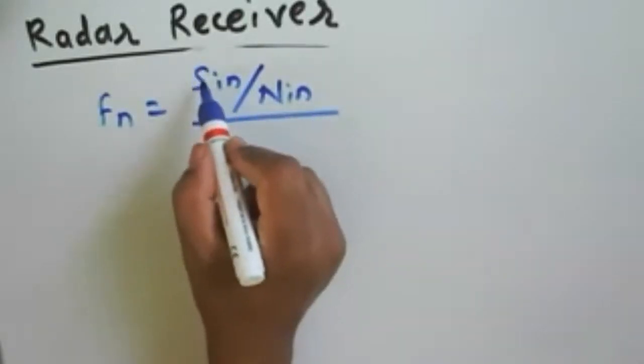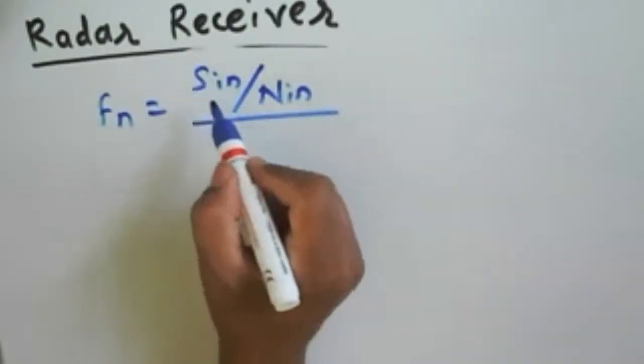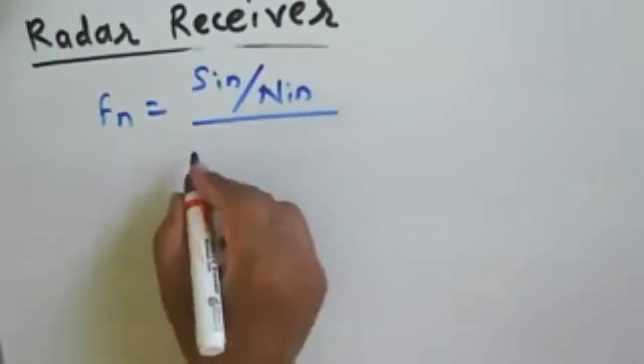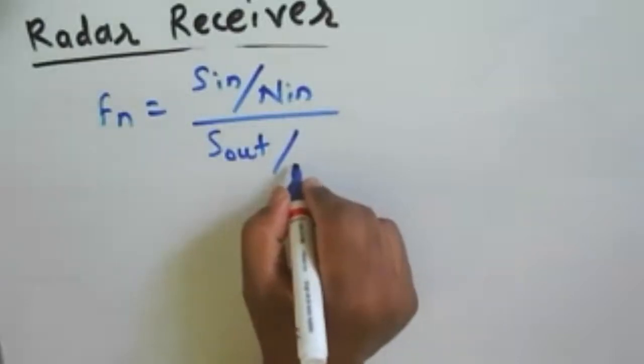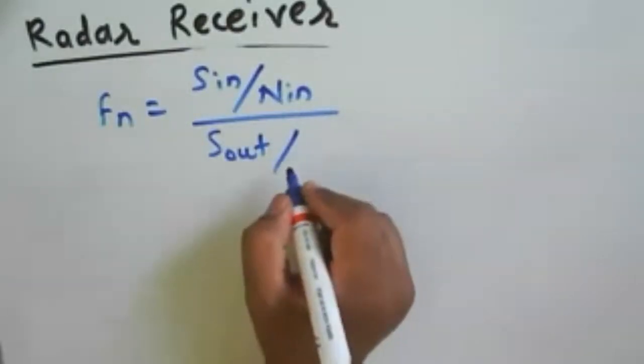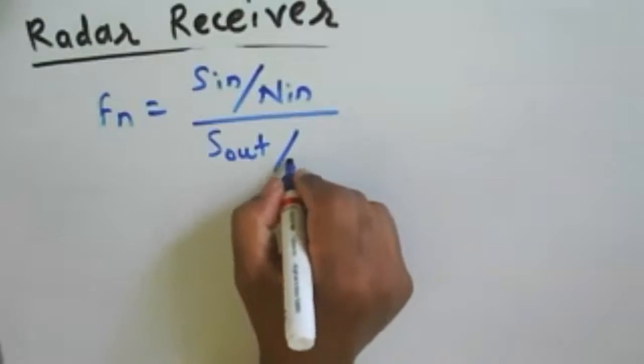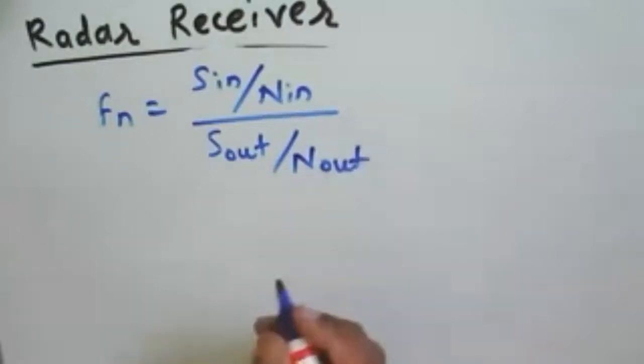That is, the available input signal and available input noise, divided by the available output signal power as well as the output noise power.